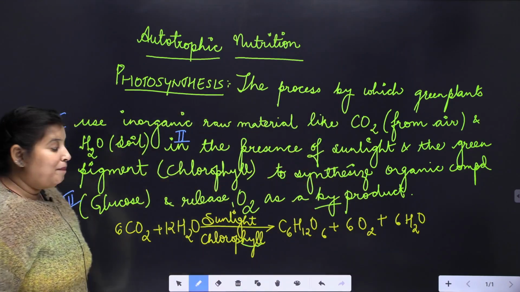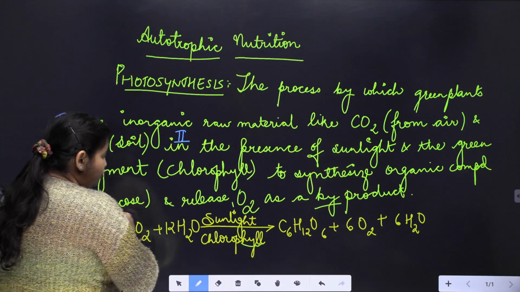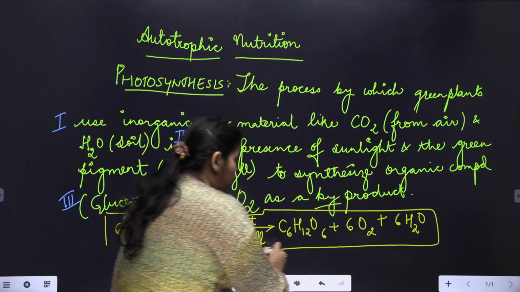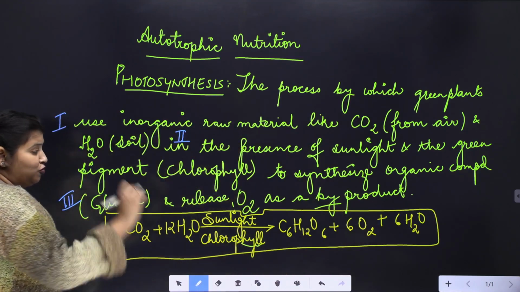So this is the complete balanced chemical equation that you are supposed to write along with the definition of photosynthesis.